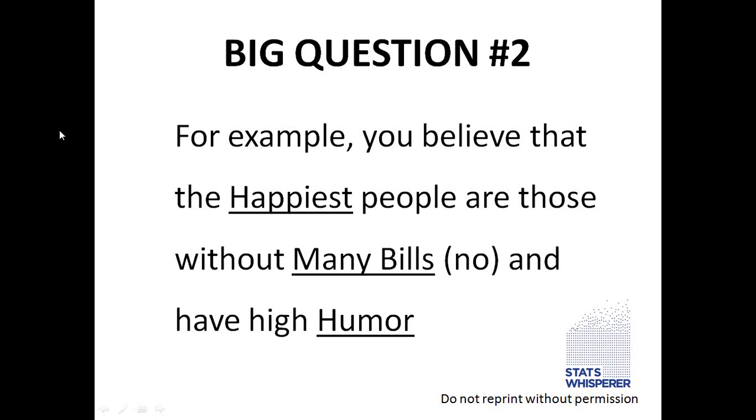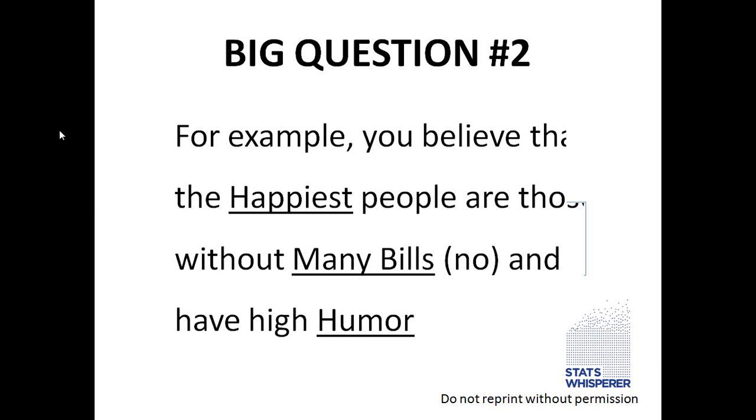Makes intuitive sense. But then we say, well, wait a minute. What if we think the happiest people are people with high levels of humor and no bills? We say, well, within that sample, if you could segment those people, you would find the happiest people there are, right?